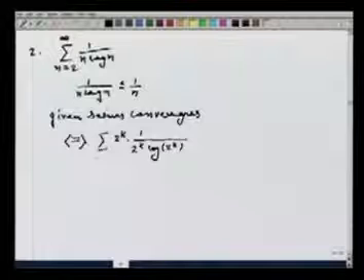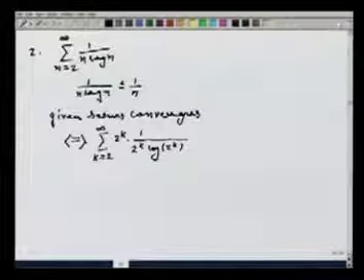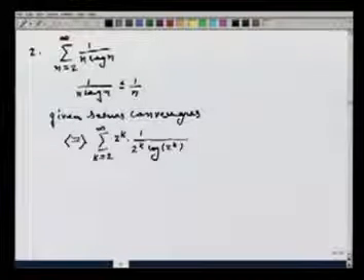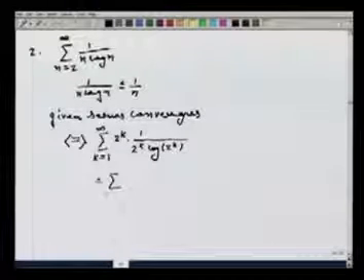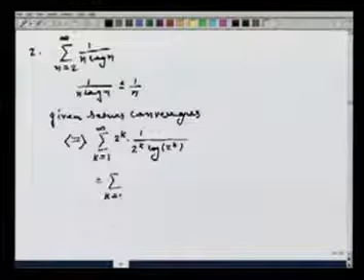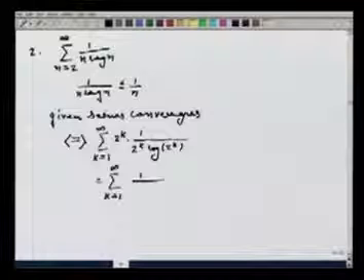We take k from 1 to infinity, as I cannot take k to be equal to 0 here. Now this is the same as 1 by k log 2.